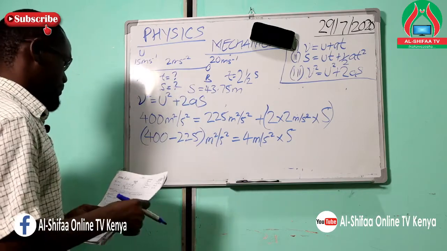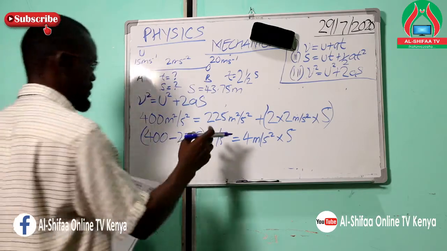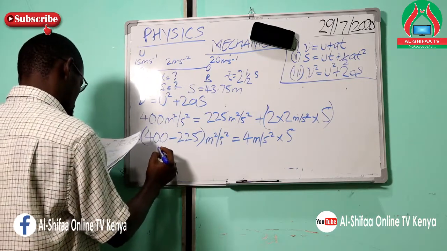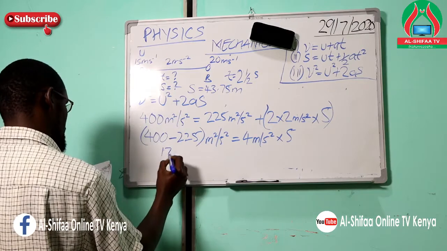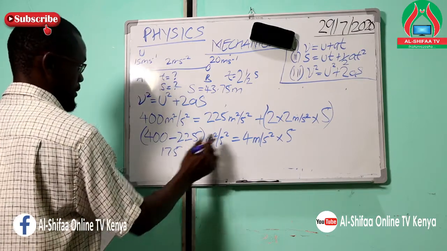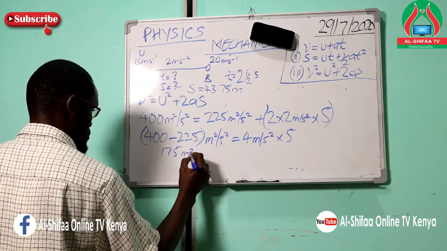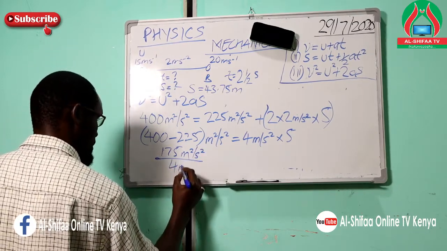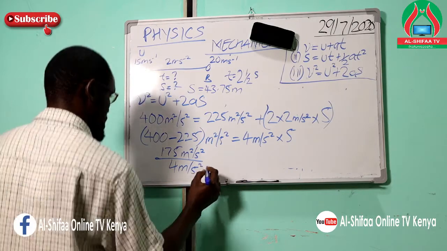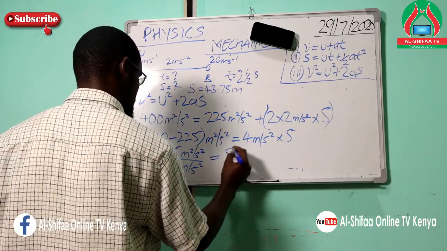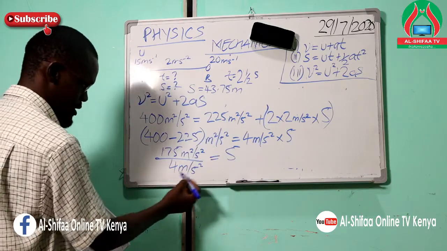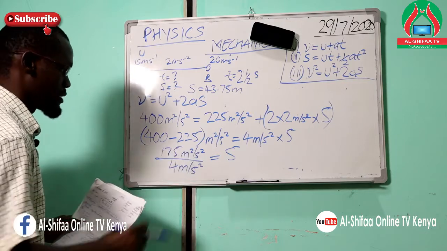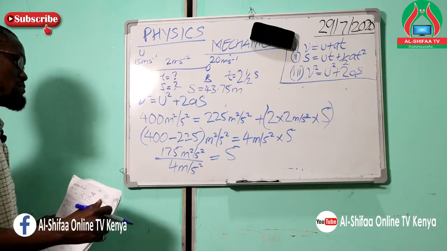So after subtracting, we'll get 175. Then it will be meter squared per second squared divided by 4 meter per second squared is equal to S. So the units, you'll see that they'll cancel out and we will remain with one unit for length, which is meters.